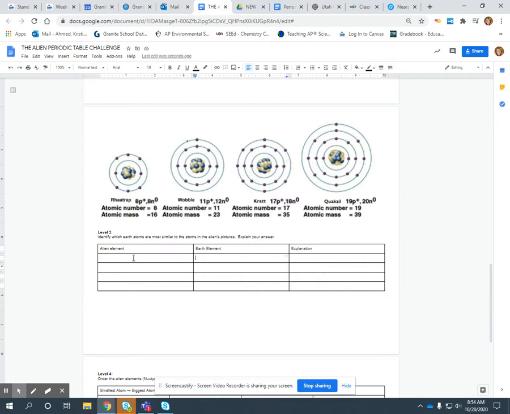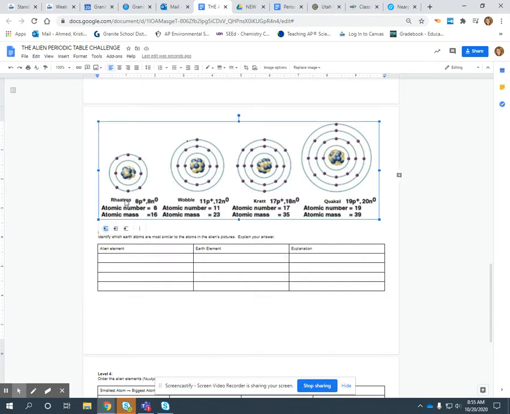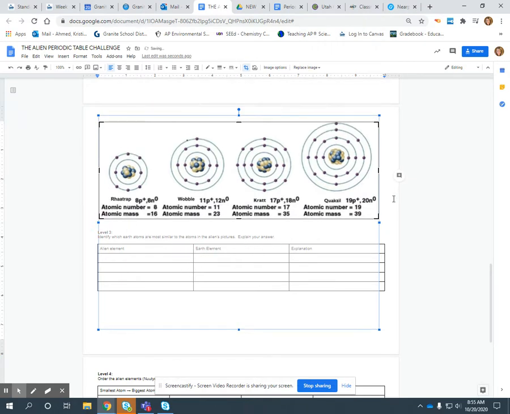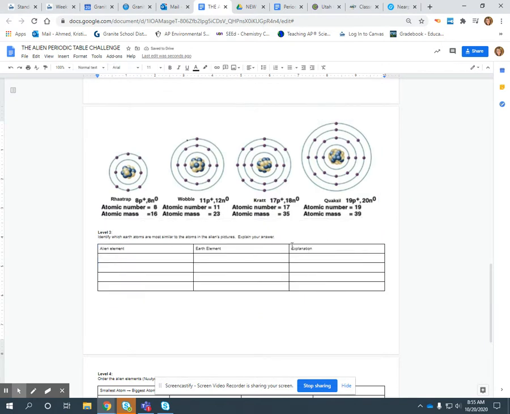So you're going to identify the name of the alien element, which is given here, and then identify the name of the Earth element. And then you're going to write an explanation on why this alien element is similar to this Earth element. Most of your explanations should say that they have the same number of protons or they have the same atomic mass. So that is this second page of the periodic table assignment.